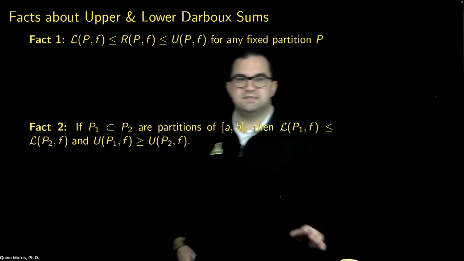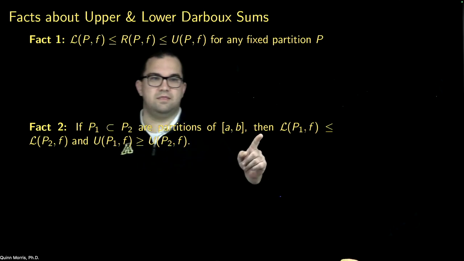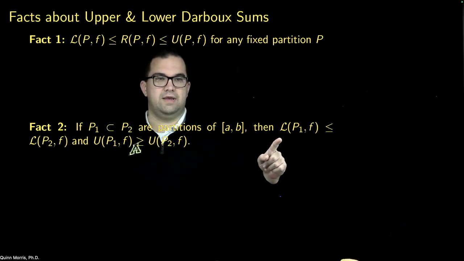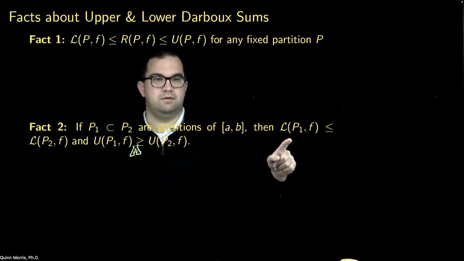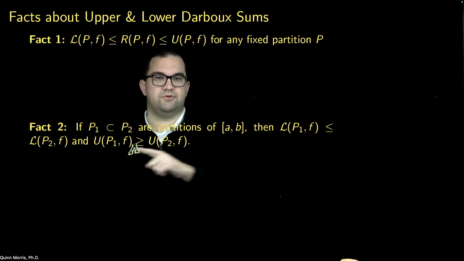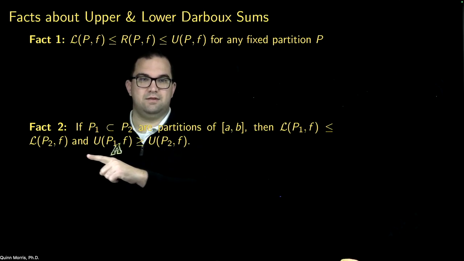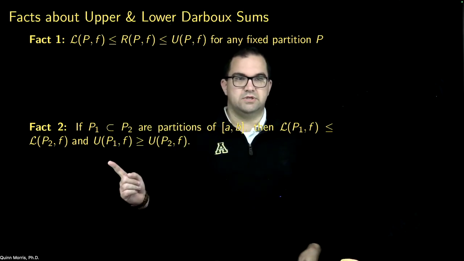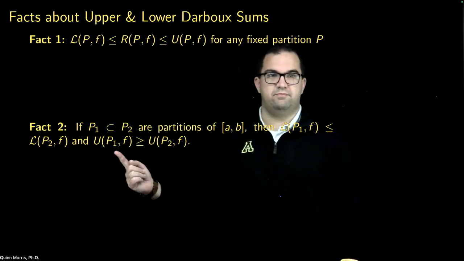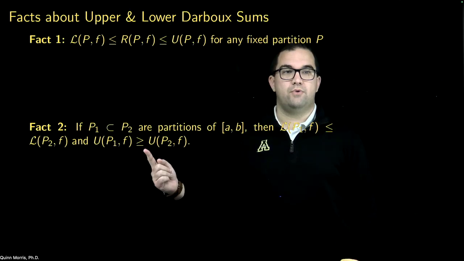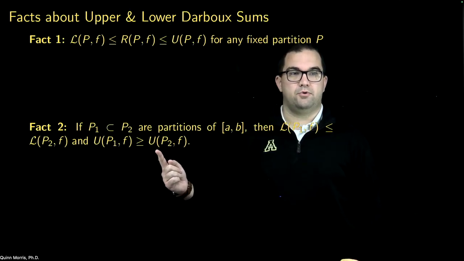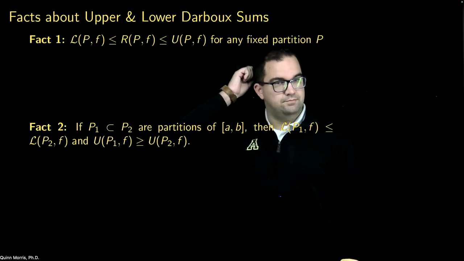If that is the case, then the lower Darboux sum of P1, f, must be less than or equal to the lower Darboux sum of P2, f. And for the upper Darboux sums, the upper Darboux sum of P1, f, must be greater than or equal to the upper Darboux sum of P2, f.